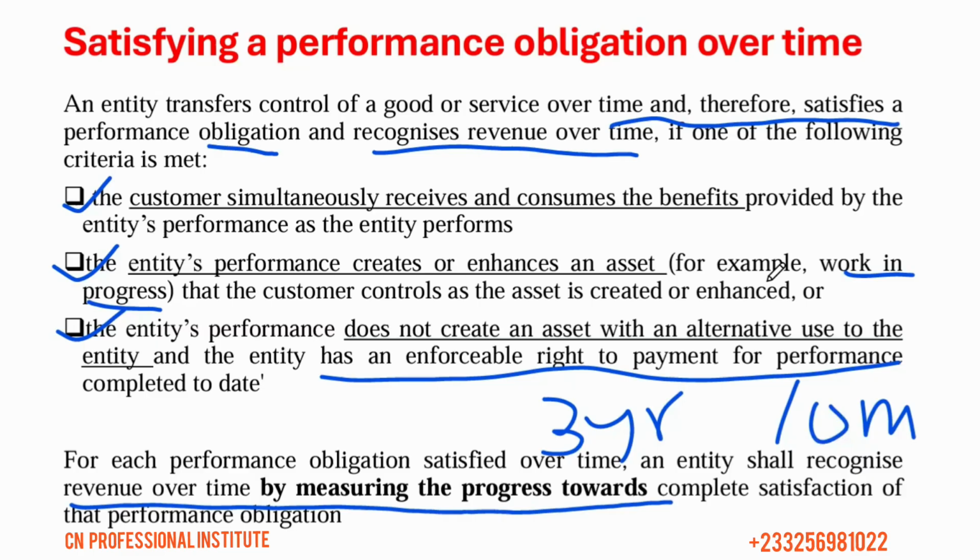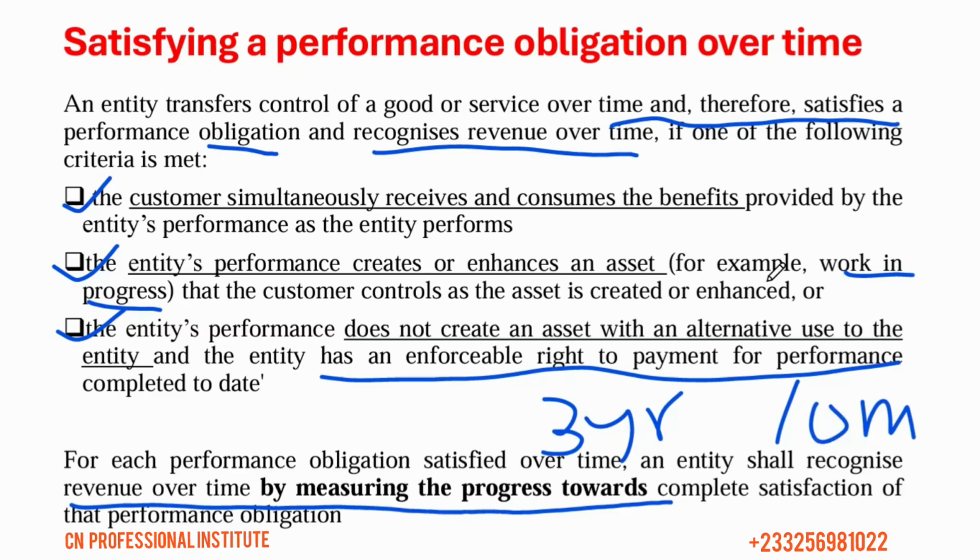We record revenue based on progress towards completion. If you are 40% complete, record 40% revenue. If you are 50% complete, record 50% revenue. If you are finally complete, record 100% revenue. So we don't record all the 10 million at once. That's how we go about that.